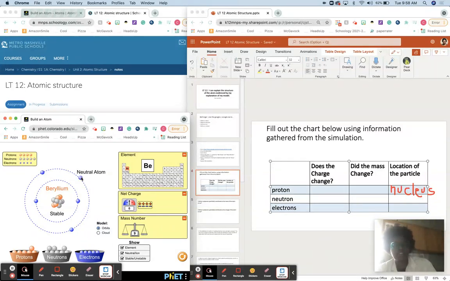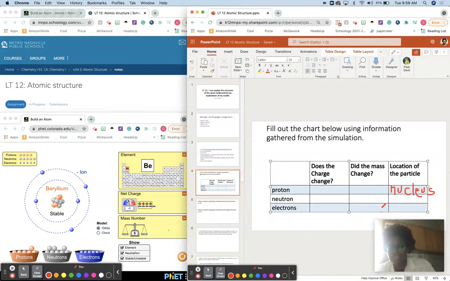But the electrons, on the other hand, they go to this outer place. This outer place is called the electron cloud. The electron cloud.